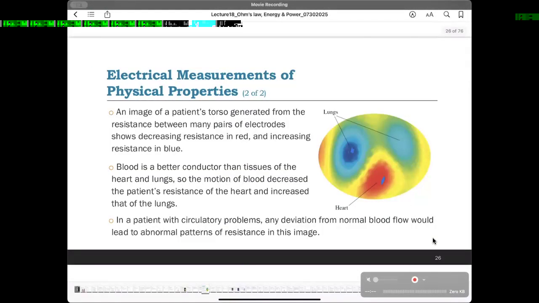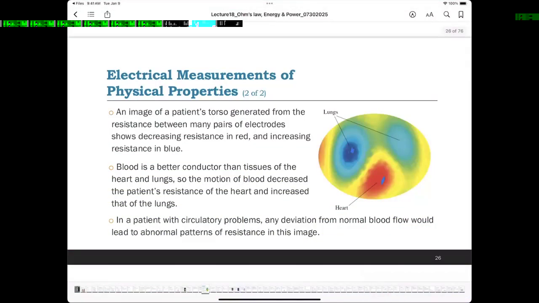This is an image of a patient's torso generated from the resistance between many pairs of electrodes. We talked about it in the last class, in chapter 22. You can use the electrodes to measure the patient's current and resistance like that.